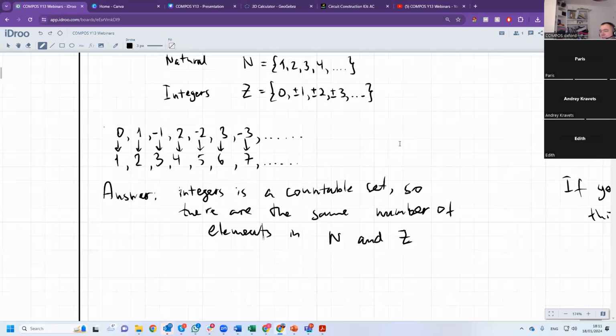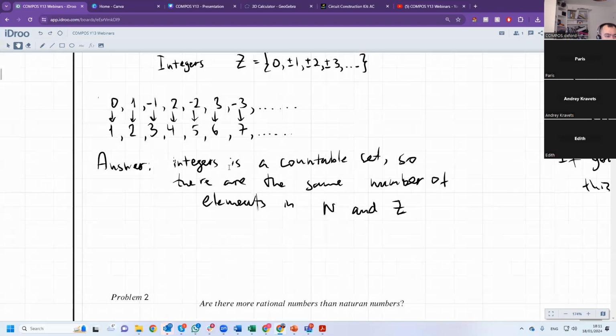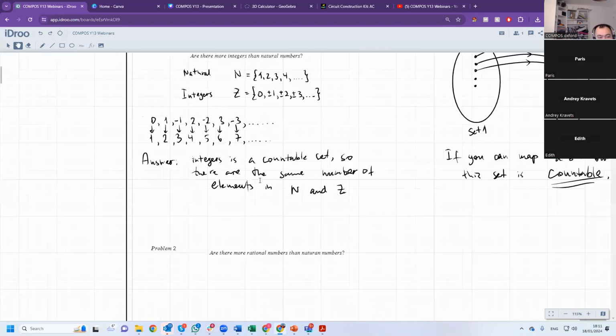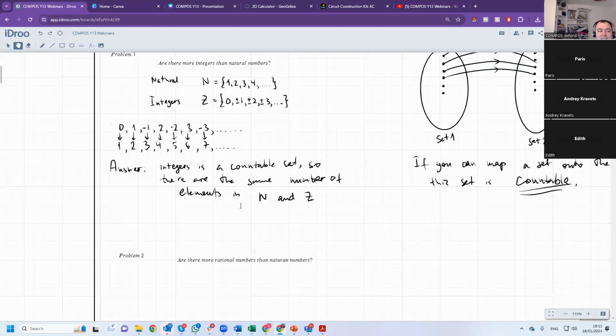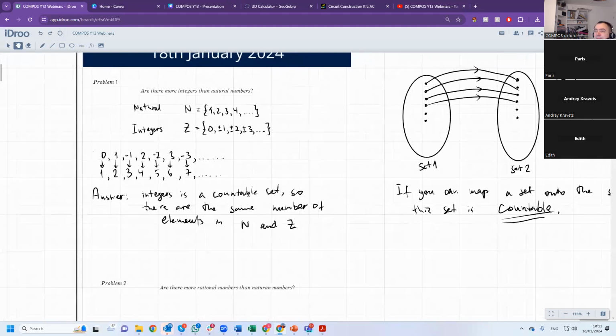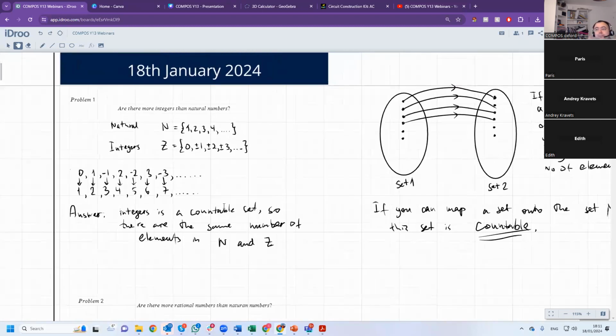I mean, there is a mapping. Does that make sense to you, guys? Do you understand that they have equal sizes?